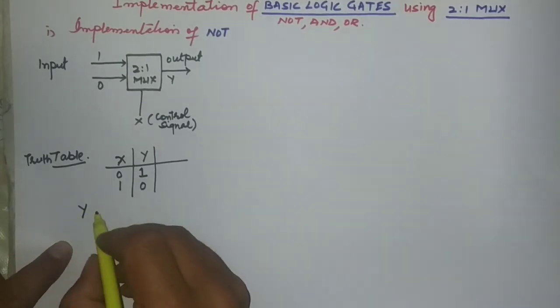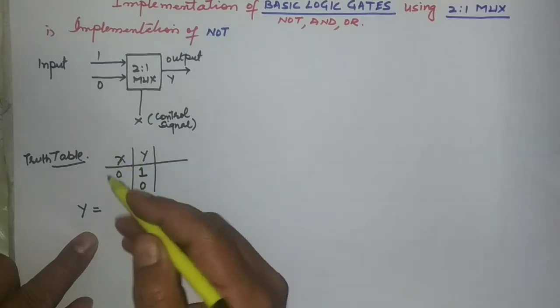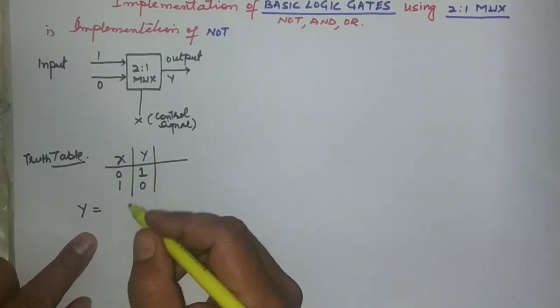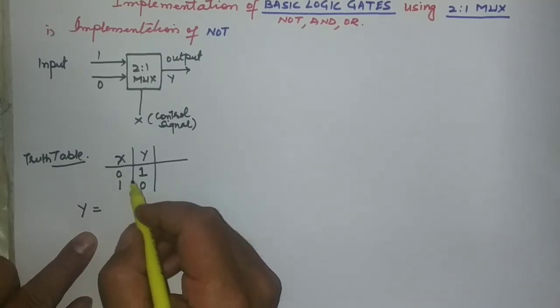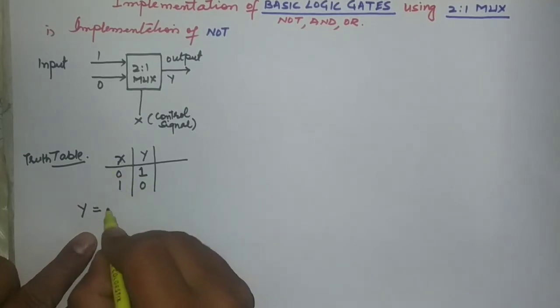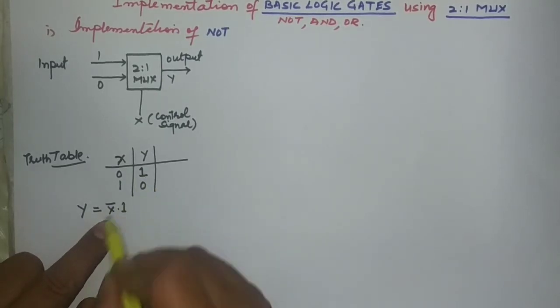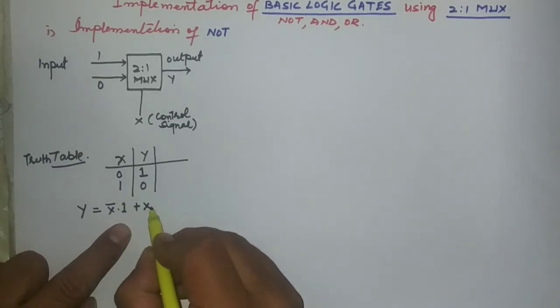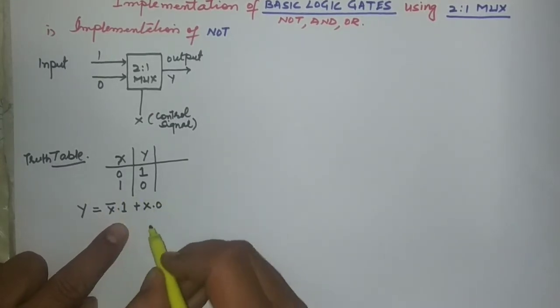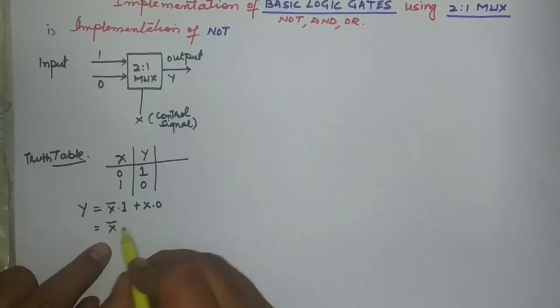So if we write the logic function according to this truth table, because we are writing in sum of products, 0 means complemented, means X bar. Input is 1 plus 1, it means X only, dot input 0. So this comes out to be X bar dot 1 is X bar plus X into 0.